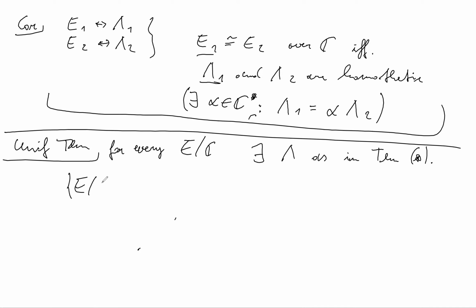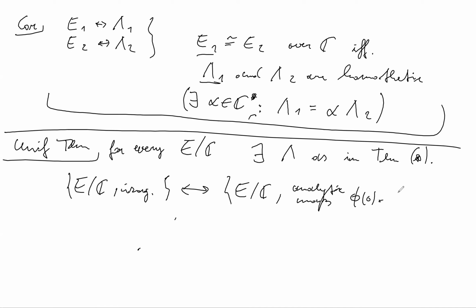We have elliptic curves over C, where the morphisms are isogenies, and this is an equivalence of categories with elliptic curves over C where the morphisms are analytic maps, such that we preserve base points. And of course, there's the third thing. Okay, I won't mention that anymore.